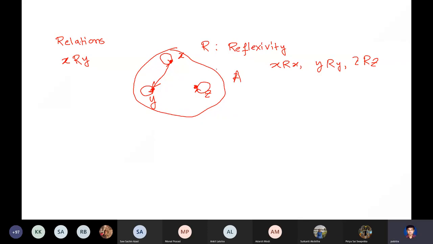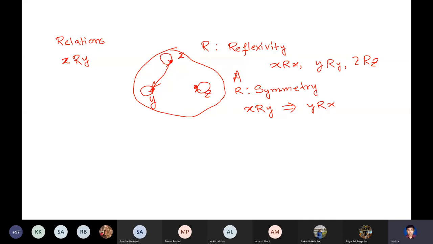Okay. Now let us look at symmetry. Which means if X is related to Y, it implies Y is related to X. What does it mean?